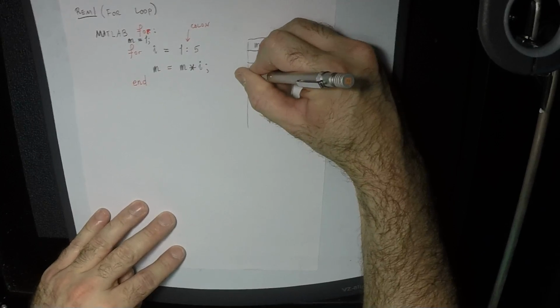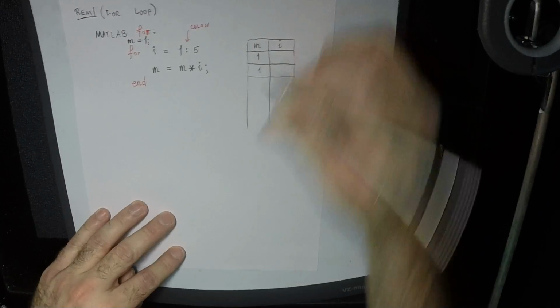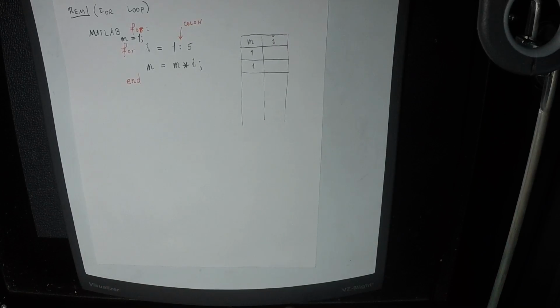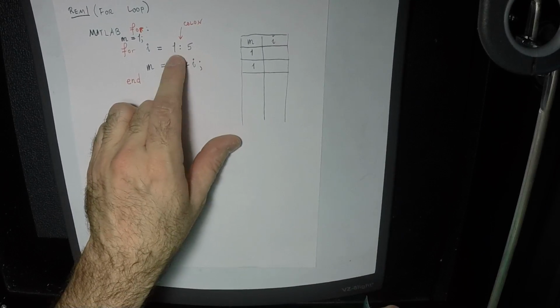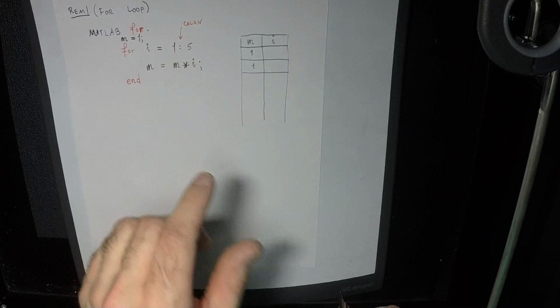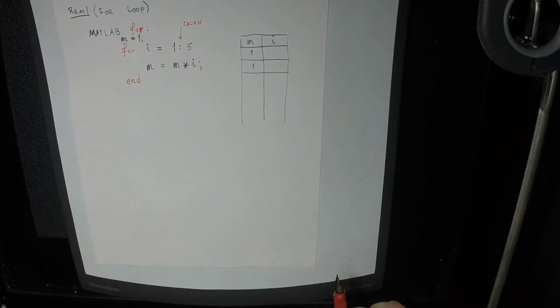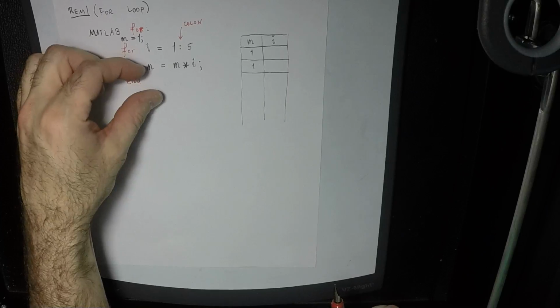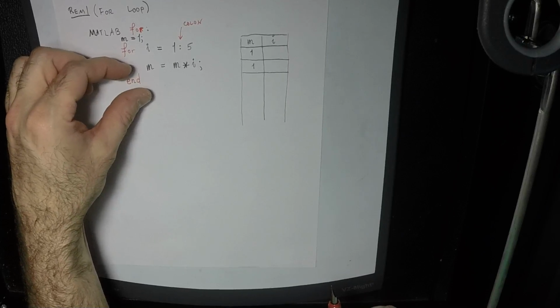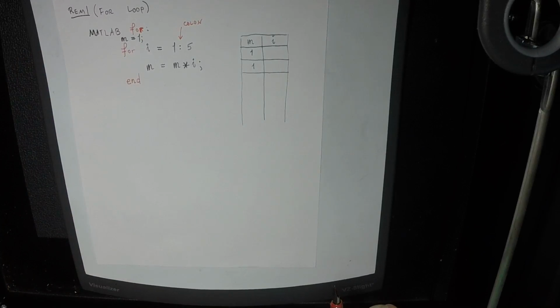m still has the value 1. And the meaning of 1 to 5, like that, 1:5, is you're telling MATLAB, I want you to execute the contents, the body of this for block. I want you to execute it once with the value i is 1. Then after you've done that, I want you to execute it with the value i is 2.